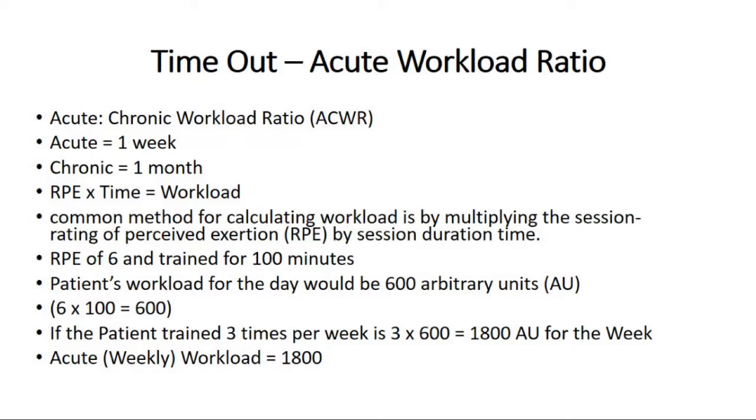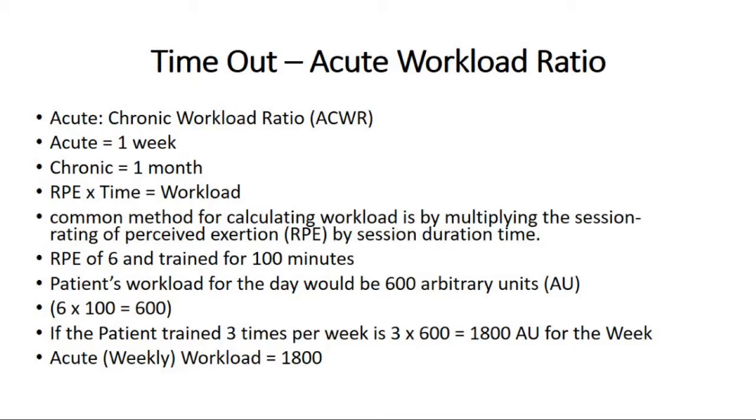Or you could do a very low intensity exercise that's only 3 out of 10 for 10 minutes, and they give you the same workload effectively. Now, this is not a science. It's based on rate of perceived exertion, so it's very subjective.